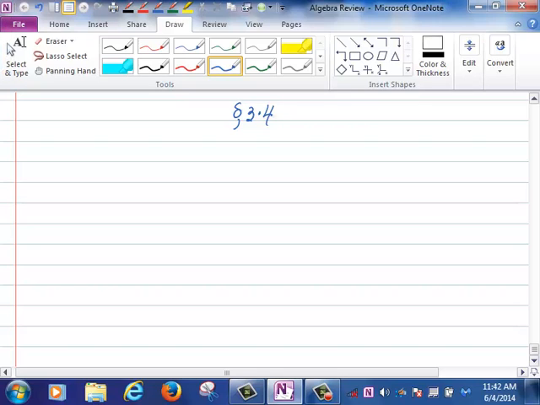So section 3.4 is about limits at infinity. Remember, the last thing that we did was limits to infinity, right? Limits to infinity.